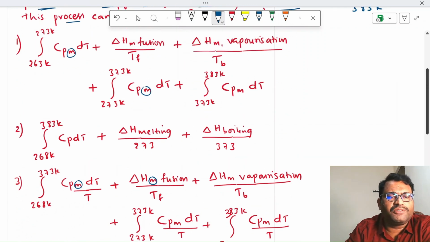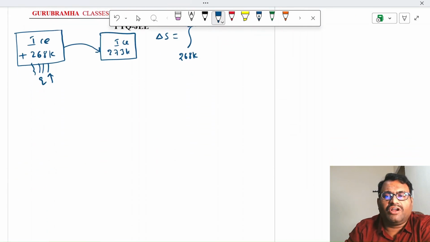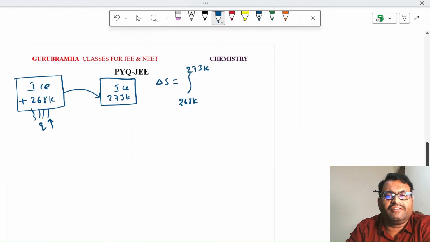So we can simply go with n Cp dT by T, and considering it is 1 mole, you can remove n based on the options.